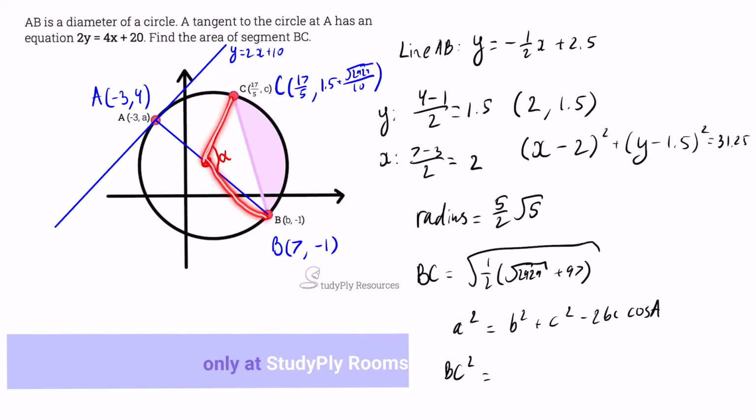So b and c are both radii, so really it's just going to be 2 times the radius squared. So it's going to be 2 times (5/2 root 5) squared minus 2 times b times c, which is radius times radius, so radius squared, so 2 times (5/2 root 5) squared times cos A.